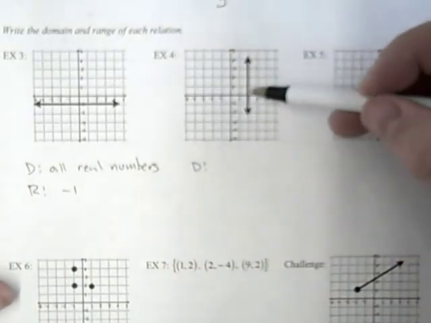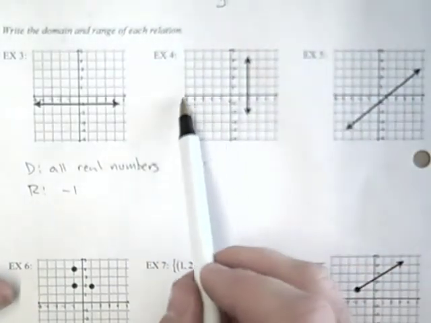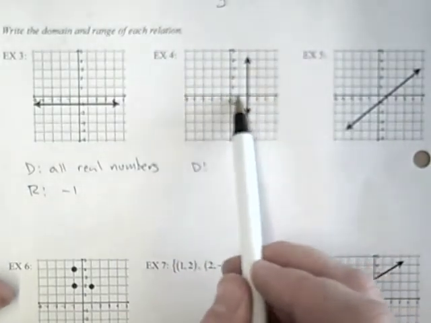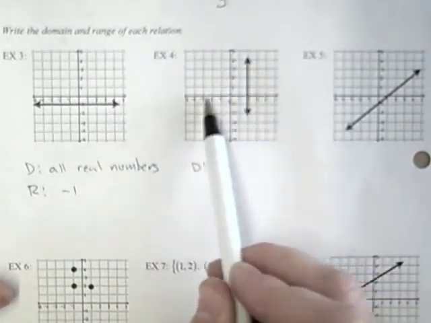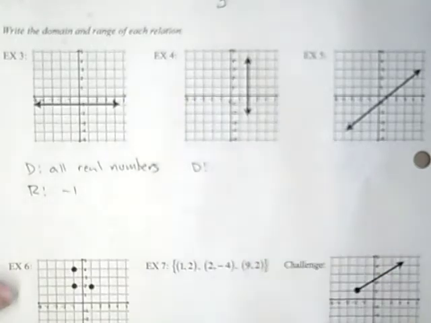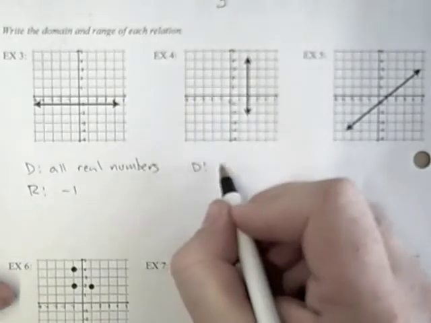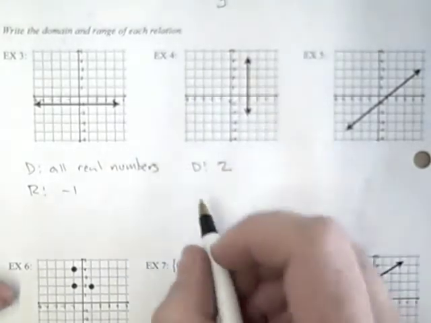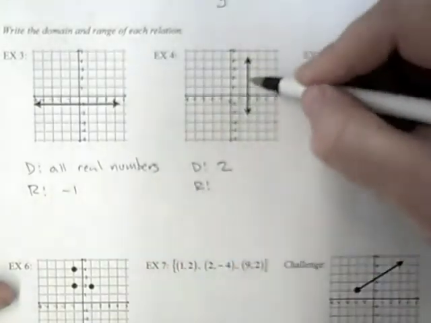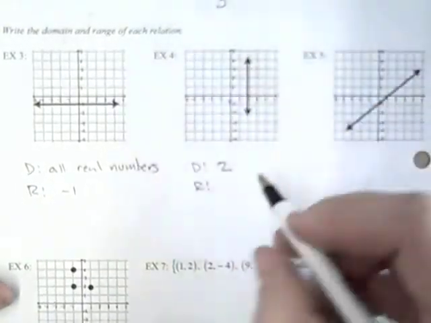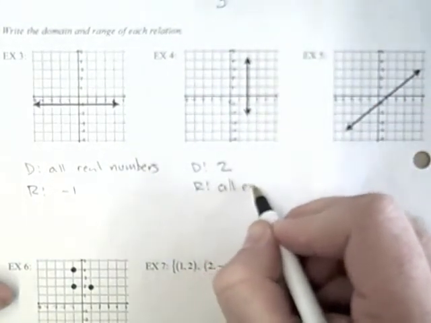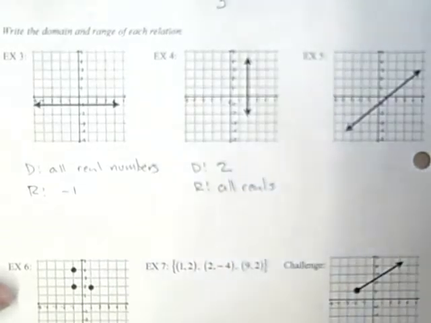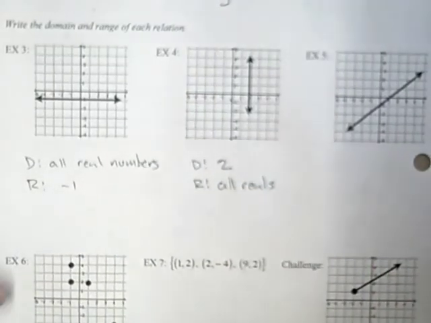Because the line is vertical this time, if we look horizontally, there's only one element of the x's, or of the domain, that the relation ever touches, and that is 2. So the domain is just 2. But the range this time extends up and down forever, so this is all reals. Same as all real numbers, just a shortened way of saying it.